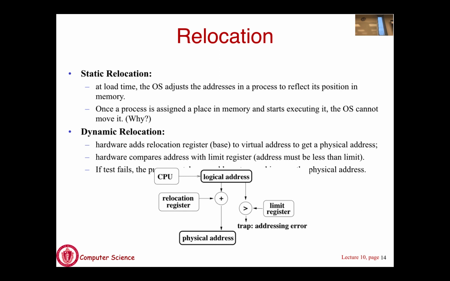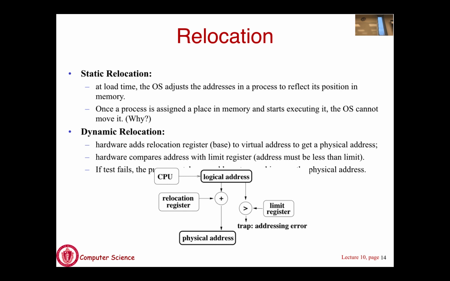You will see that in that picture, there's a second register called a limit register. Anyone remember what that is? Yes. It's like the highest address that the process can go to, and anything past that is out of its memory region. So, the limit register is going to hold the ending address of that process.